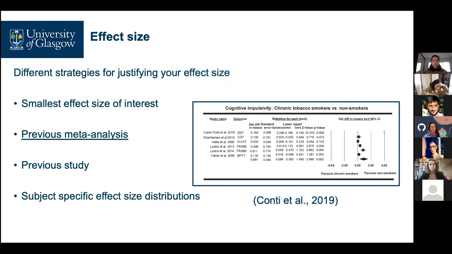Another method is looking at a previous meta-analysis. So similar to the last approach, but some people don't consider it the smallest effect size of interest, more just the meta-analysis in general. So here is an example within smoking.